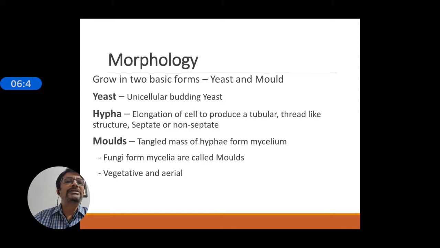And when this hypha is entangled to form a network-like structure, it is known as mycelium. So there are two forms: unicellular, which is yeast, and multicellular, which is mold.